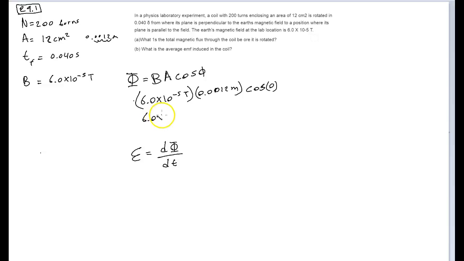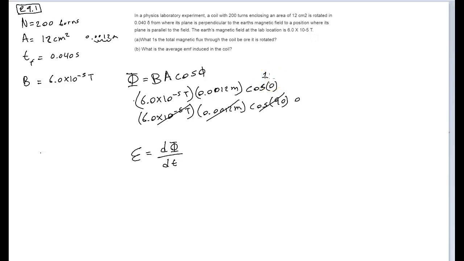So let's rewrite this over here. Cosine, and then it was parallel. Now, this is 0, and if this is 0, then the rest is also 0. Now, cosine of 0 is 1.